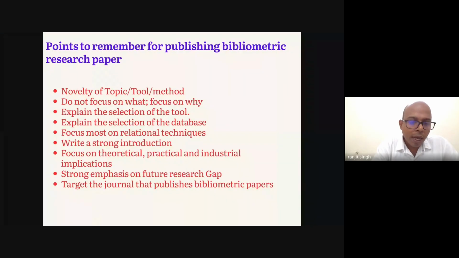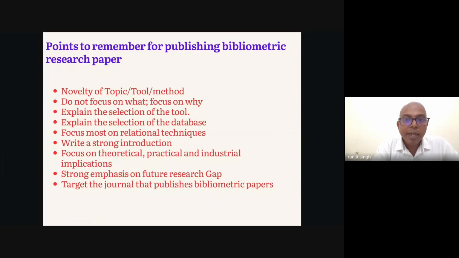And next is tool. For example, there is one tool recently launched in 2027. And if you are doing a study using that tool and you are not using Bibliometrix or VOSviewer, then your contribution is that you are showing the scholar or researcher how to use the tool. That is your contribution because you are doing the bibliometric analysis, but you are using a novel tool.